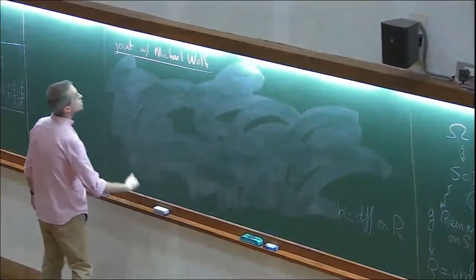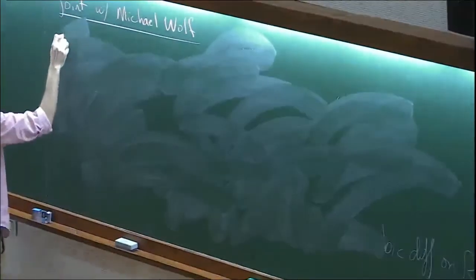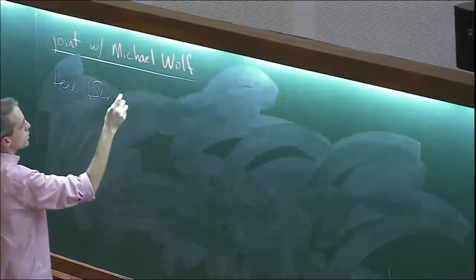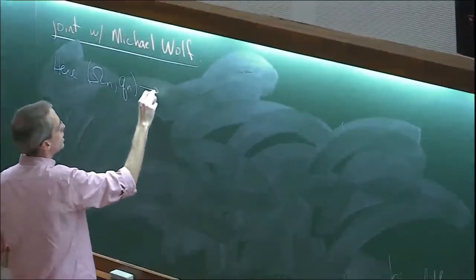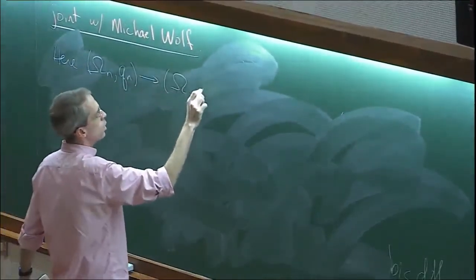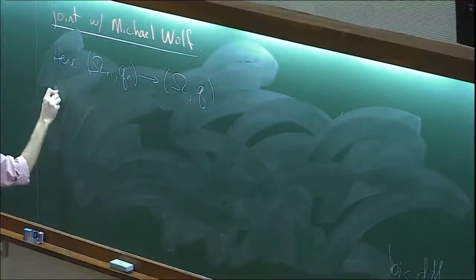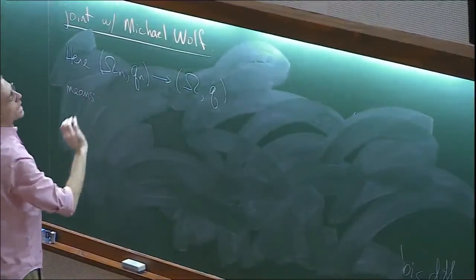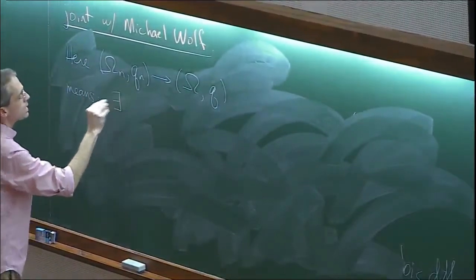Okay, so what topology do we put on these? To say that a sequence of convex sets with base points, we're going to call them Qn, converges to omega Q, this means the following things. It means up to the action of SL3R and in the Hausdorff topology.